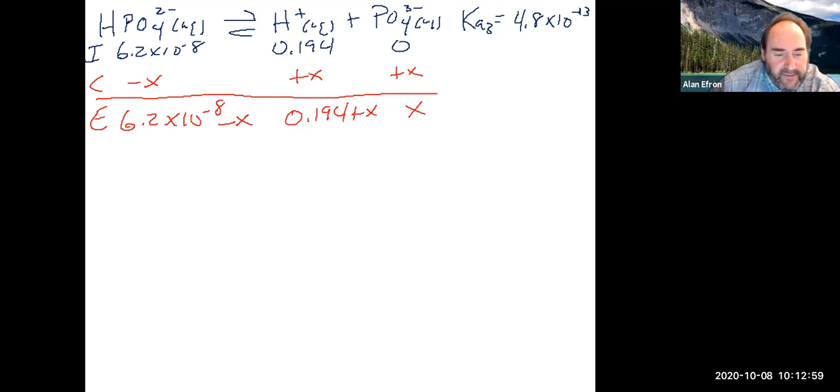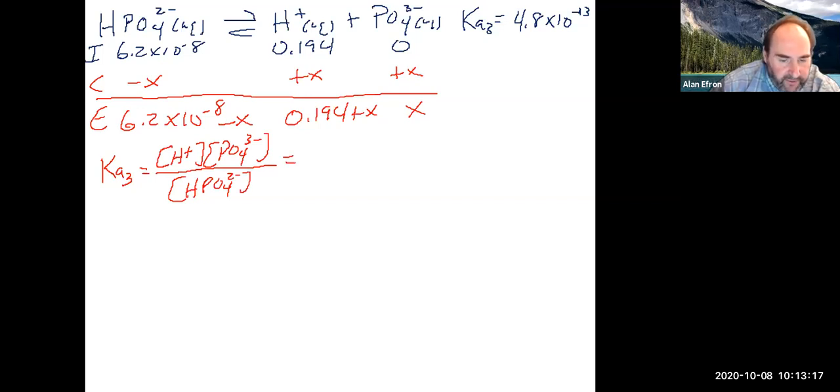Just like the previous two tables, at this point, we're going to put this into our Ka3 expression, which is the H plus concentration times the PO4 3 minus concentration divided by our HPO4 2 minus. And since we're on the third one, we are going to set it equal to our third Ka value of 4.8 times 10 to the minus 13.